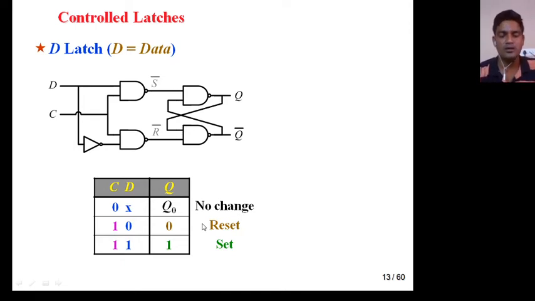Now from where are we getting this table? Just take this example. Suppose D is 0, this is D. If D equal to 0, it means S equal to 0, and you know R equal to D bar, so R will be 1.